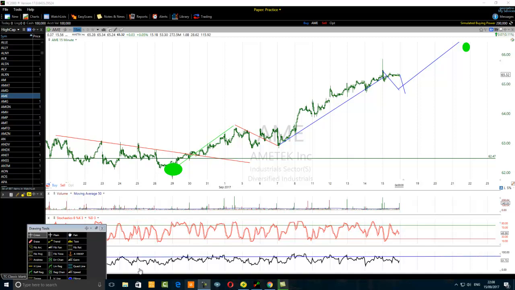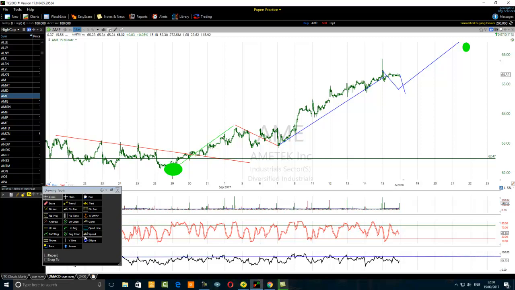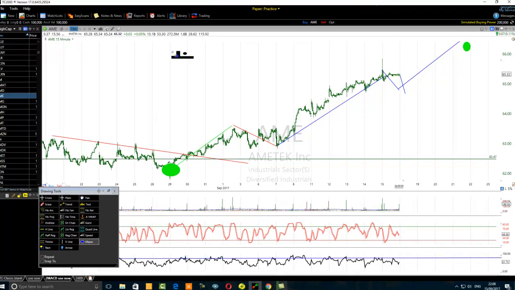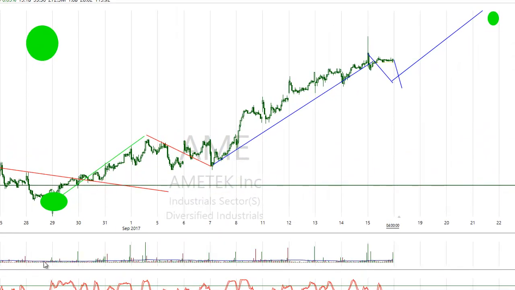The first thing that we need to understand is that any divergence signal is just a warning. So you will first recognize that there is a divergence. You will acknowledge that warning, that there is a bullish divergence or a bearish divergence.